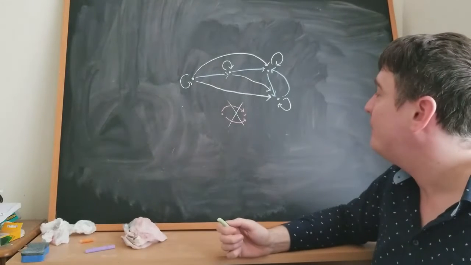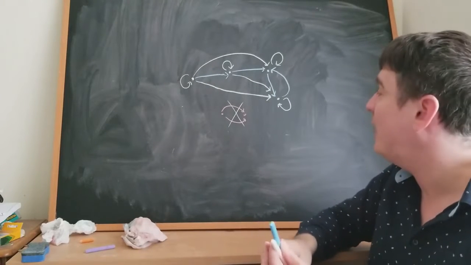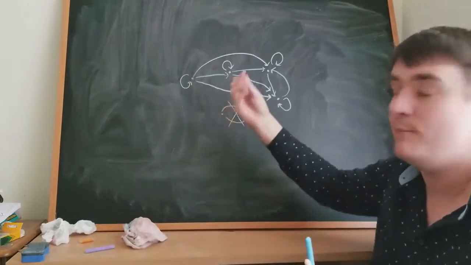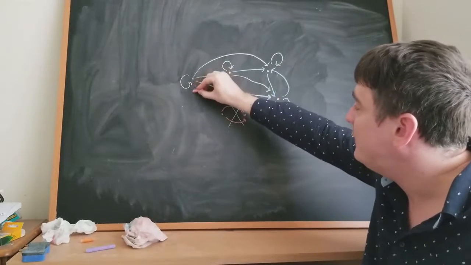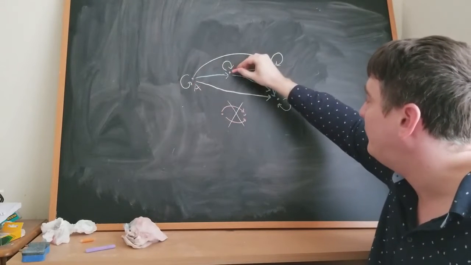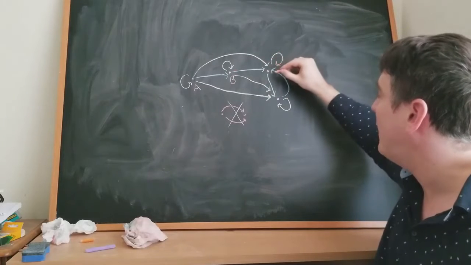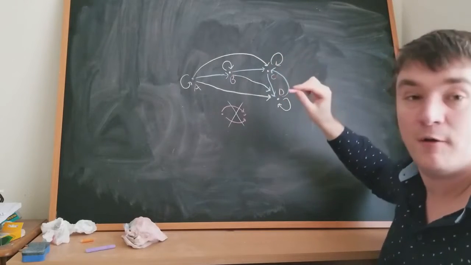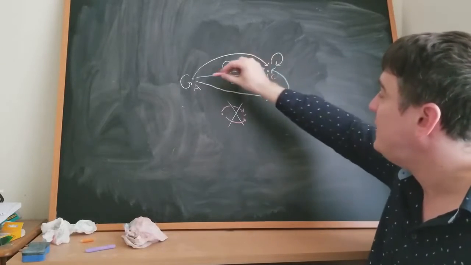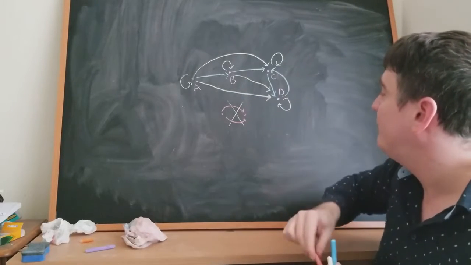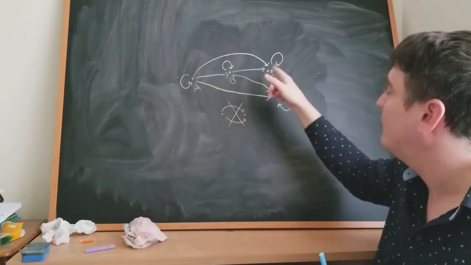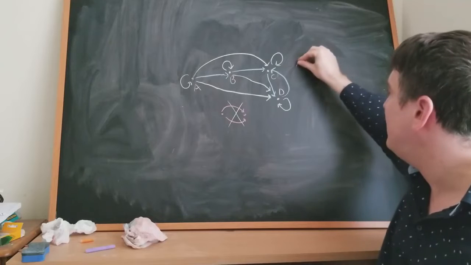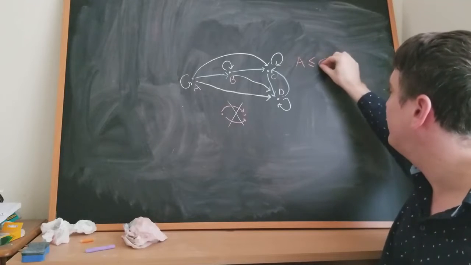I should also say any pre-order can be created like this. If you look at the definition of a pre-ordered set, it'll probably be defined somewhat differently, but this is an equivalent definition. And usually, if there's an arrow from, let's say, A to C, as there is, you'd write A less than or equal to C.